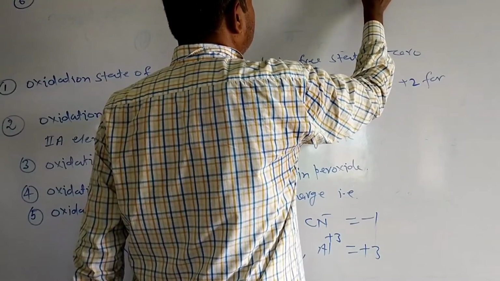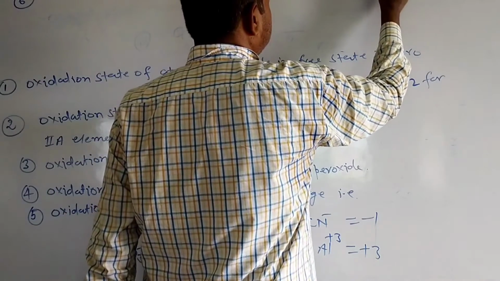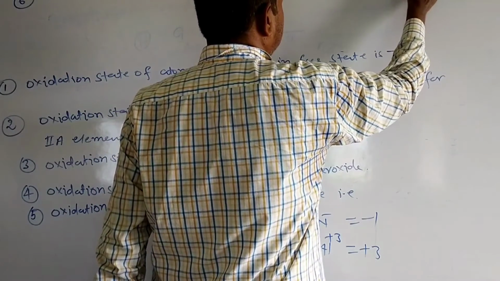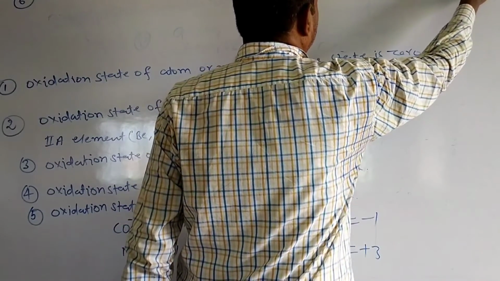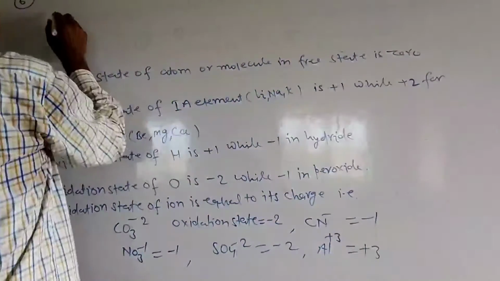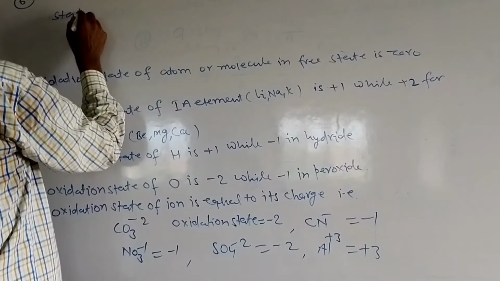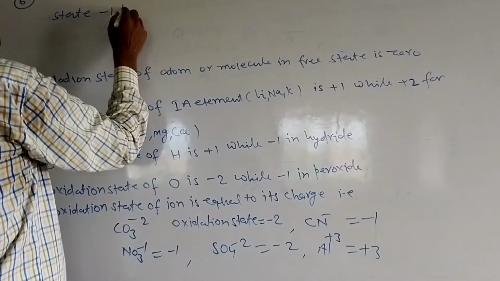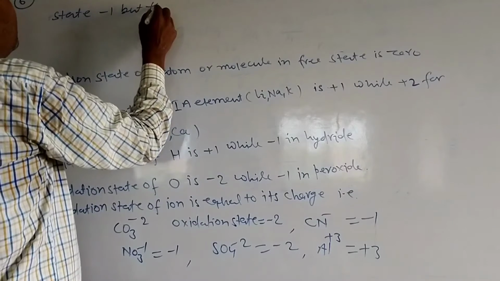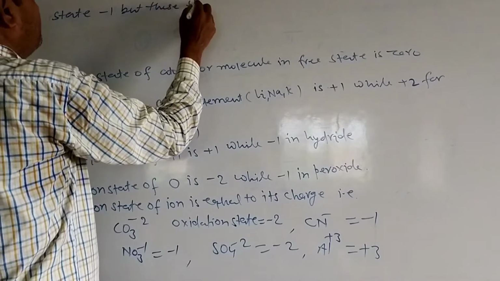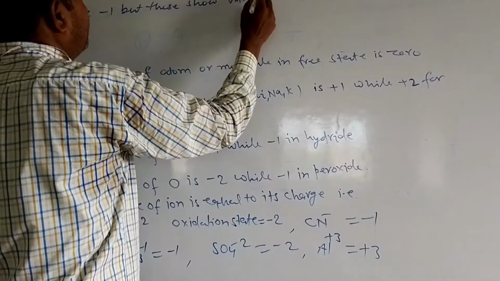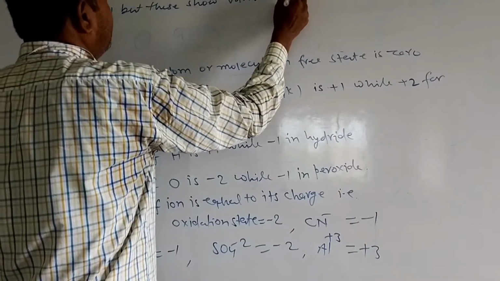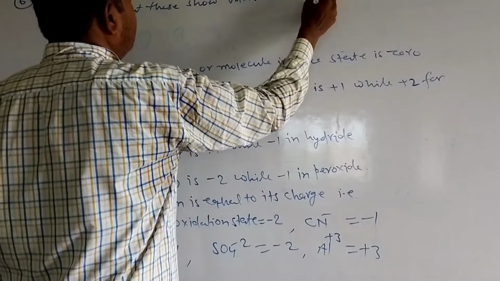Fluorine, bromine, iodine have oxidation state -1, but these show variable oxidation states.